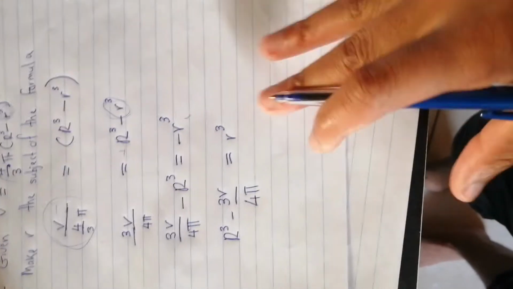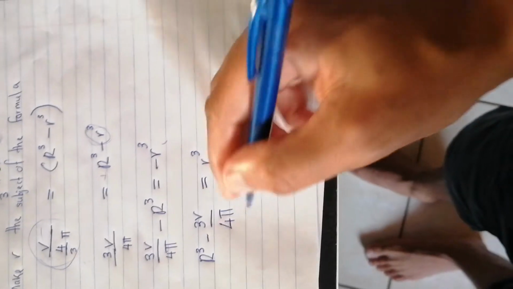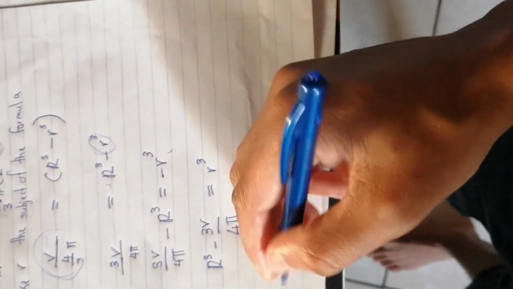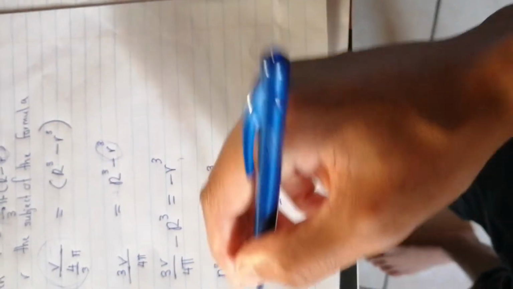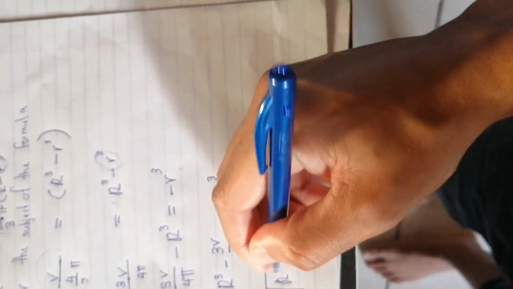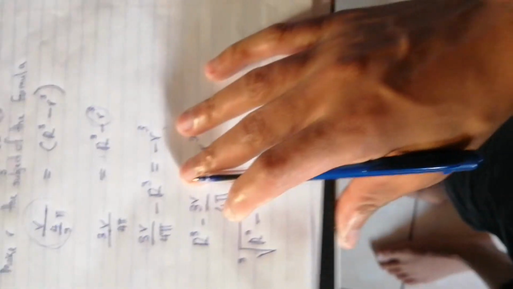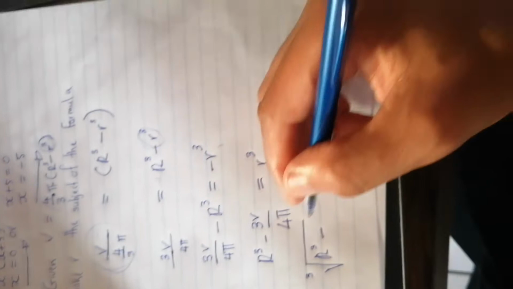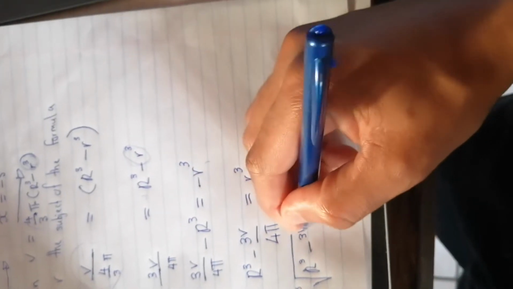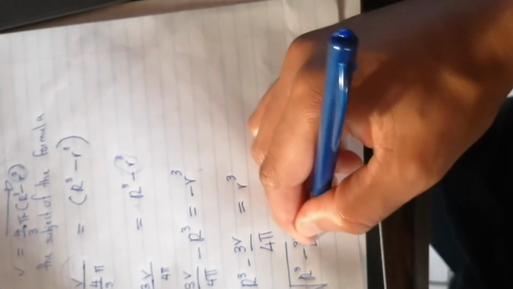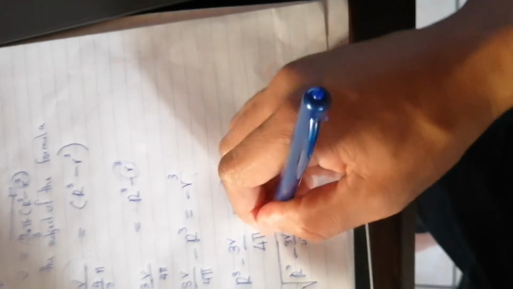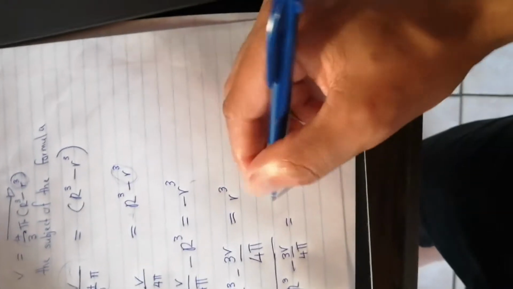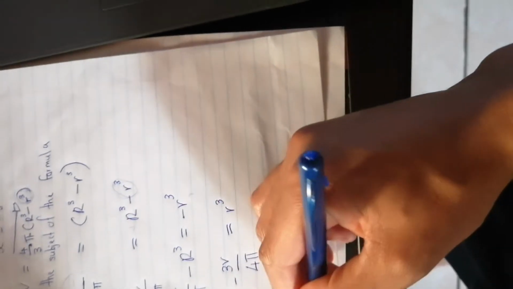Now since this is cube, we need to do the opposite of cubing, which is the cube rooting. So we will cube root this. Okay, leaving us with that. So that's our answer.